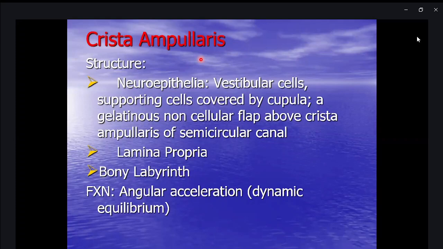When you shake your head, you are displacing the fluid, which is displacing the cupola, which is displacing the cilia on the hair cells, which then generate an action potential that is detected.